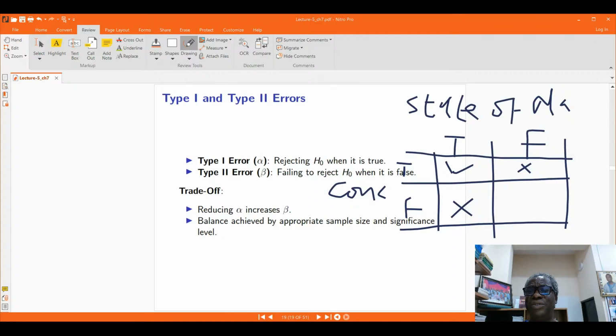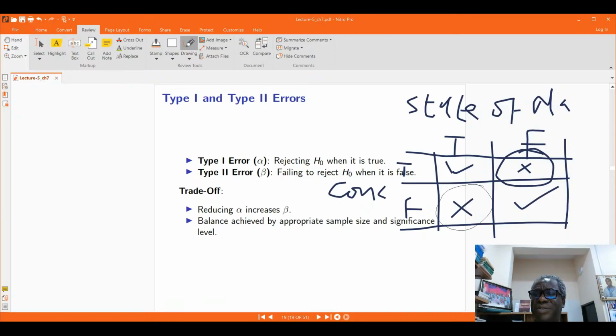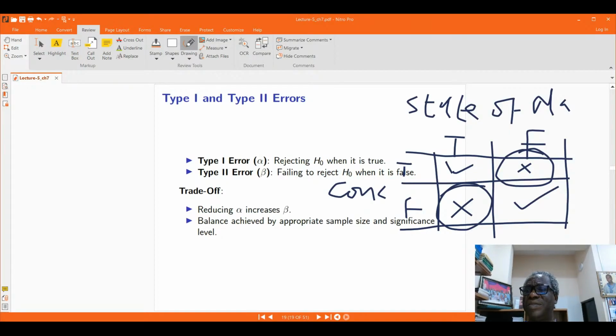If you conclude that it is false when it is truly false, you have not committed any error. That is correct. So we have two errors. This is type 1 error. This is type 2 error. Type 1 error is a false positive.